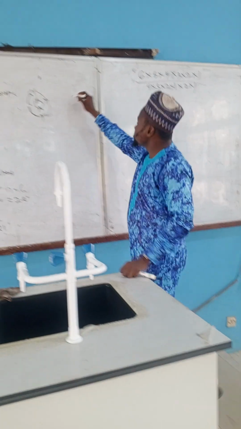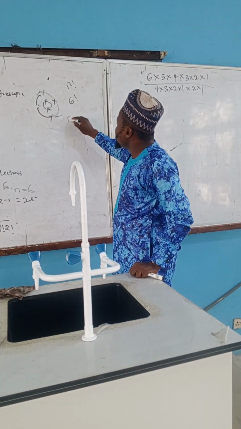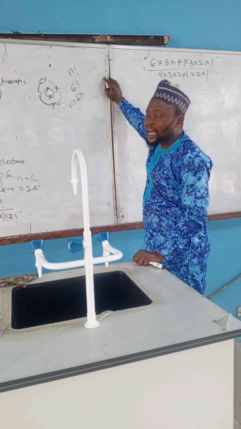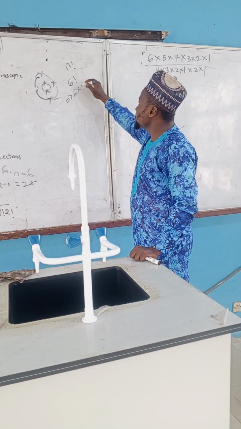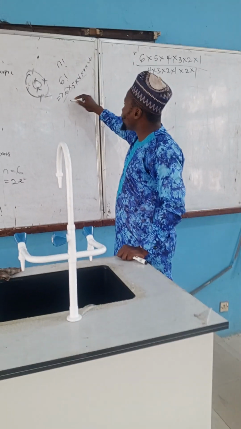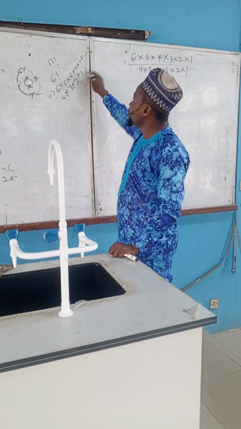We all know what n factorial means. For instance, 6 factorial means you multiply 6 in descending order with the numbers below it: 5, 4, 3, 2, 1. And 4 factorial means 4 times all the numbers below it.